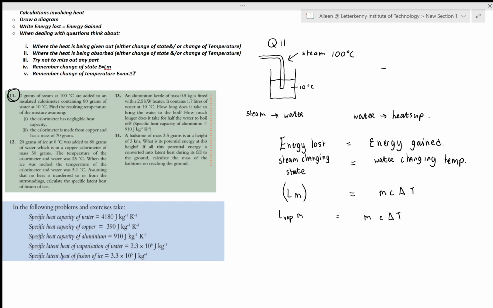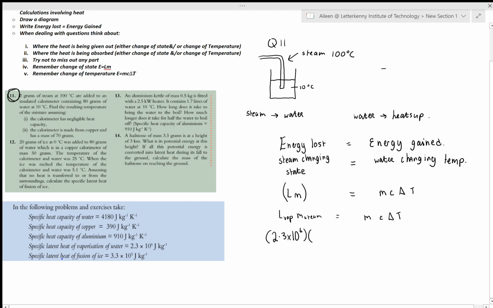From here, we just substitute in the values that we know and solve for our unknown. Our latent heat of vaporization is 2.3 times 10 to the power of 6 times the mass of your steam.